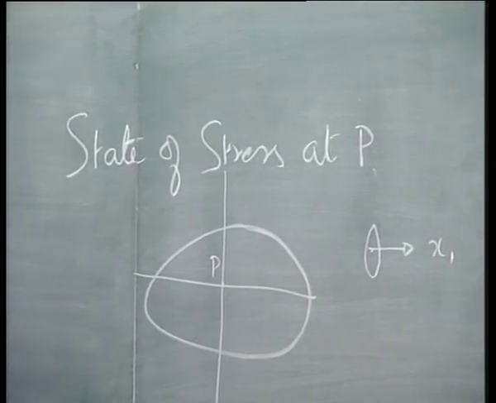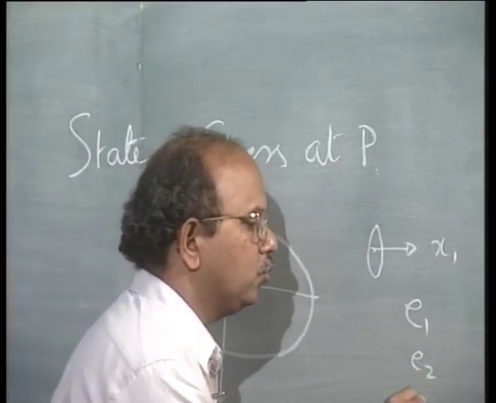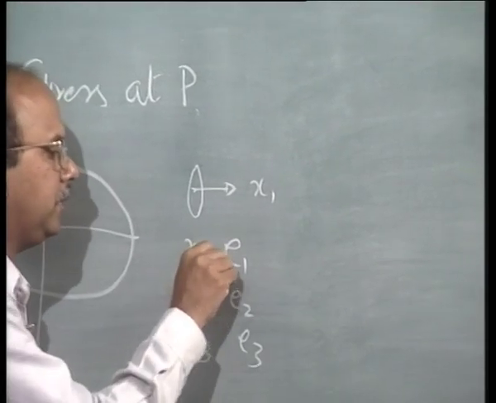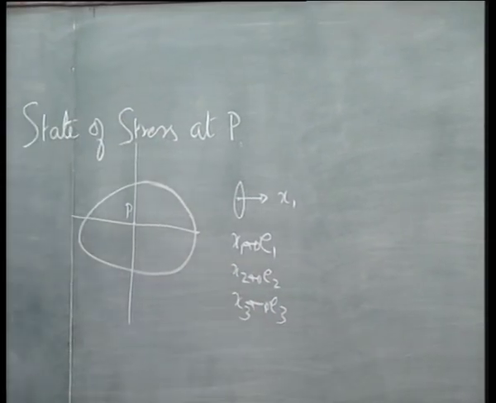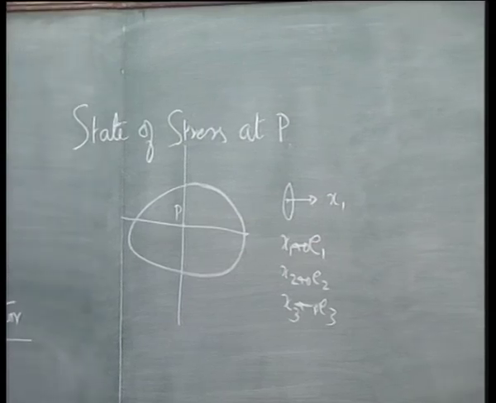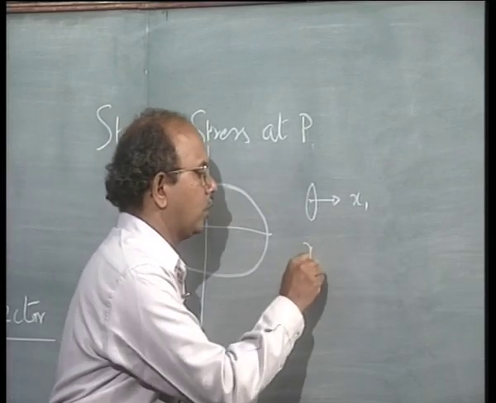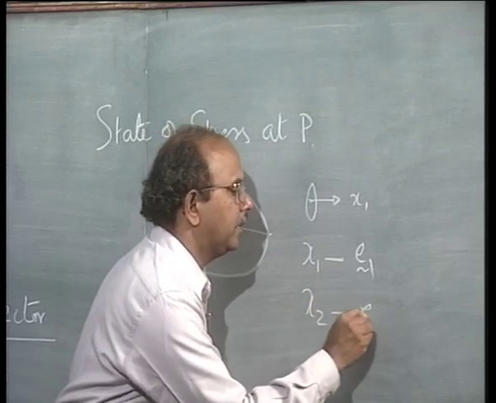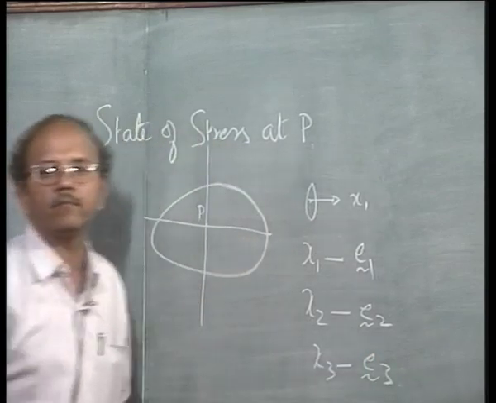Let me call the base vectors along x1, x2 and x3 as e1, e2 and e3. That is, x1, x2 and x3 each have base vectors e1, e2 and e3. If it is not visible, let me write it quite clearly. For x1 we have e1, x2 I have e2 and along x3 I have e3.